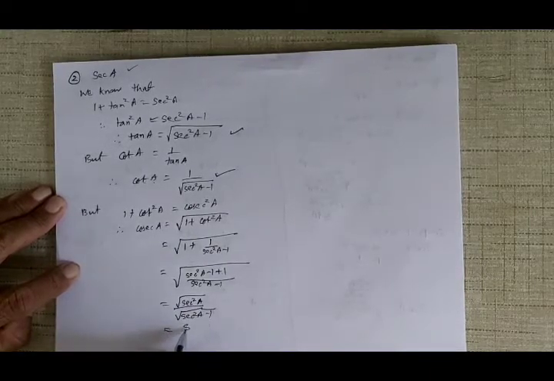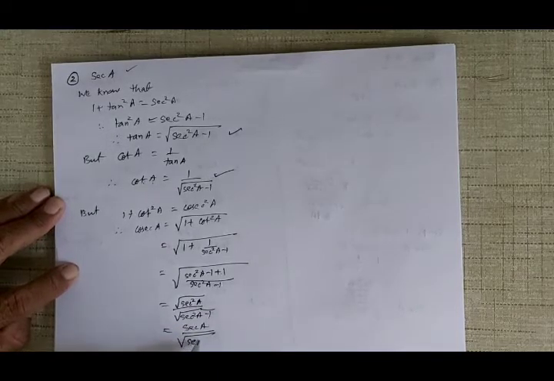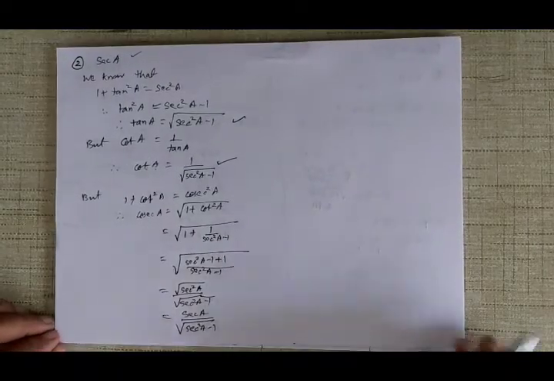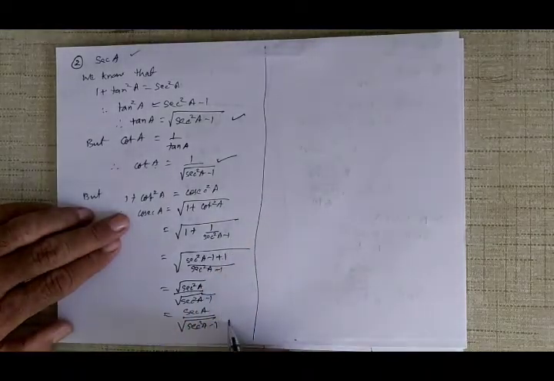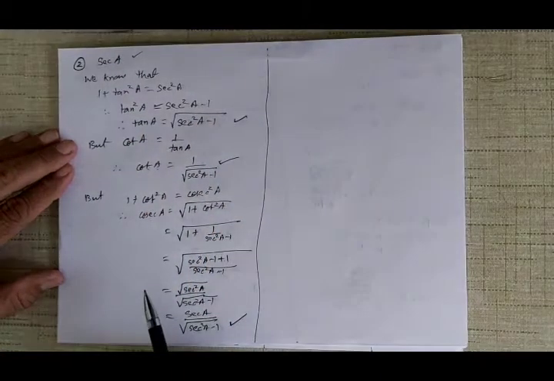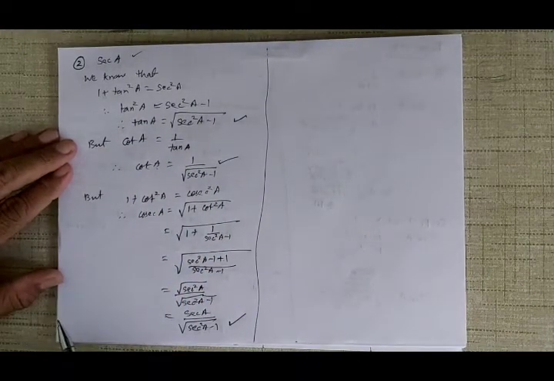So sec A upon square root of sec square A minus 1. Now you can see this is over. So now I've got 4 ratios: sec A, tan A in terms of sec A, cot A in terms of sec A, and cosec A in terms of sec A.